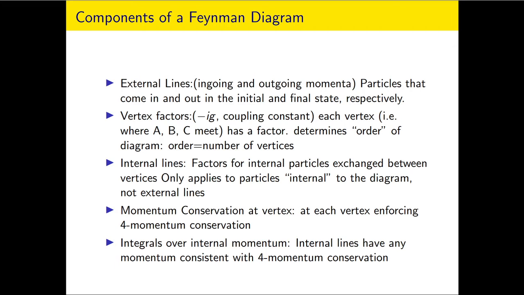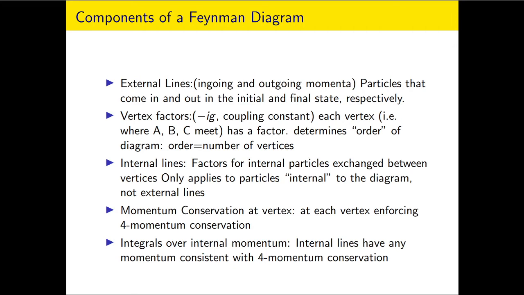External lines. External lines are the particles that come in and out in the initial state and final state. They are the ingoing and outgoing momenta. Vertex factor: each vertex, that is where A, B, C meet, has a factor. It determines the order of the diagram.